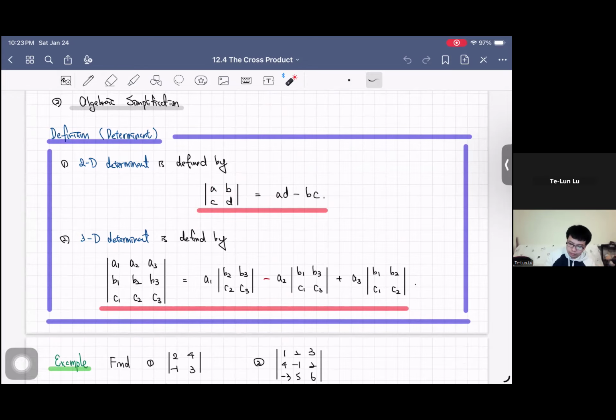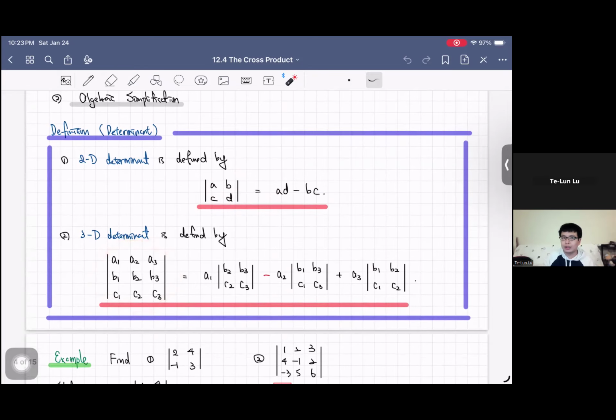Again, you put a 3 by 3 table within 2 bars, and it is still a scalar. The scalar is defined as follows. We pick the first entry, A1, and we eliminate the first row containing A1 and the first column containing A1.